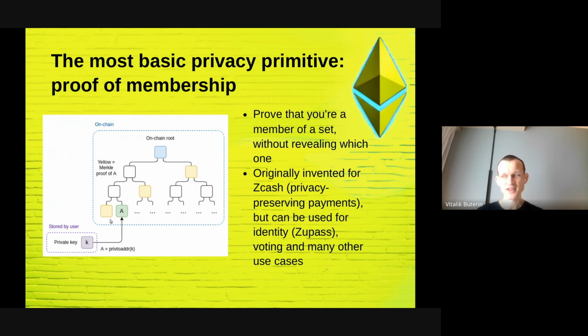And this is just a not particularly difficult thing to do. And if you do this with ZK snarks, then you can convince someone that this Merkle branch exists without actually telling them what position in the tree you're pointing to, or what value you are revealing. So this is a really big category of use cases, right?